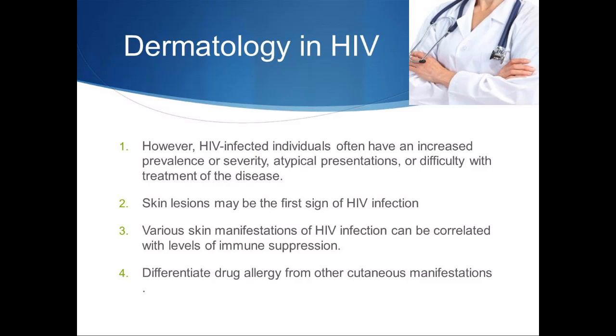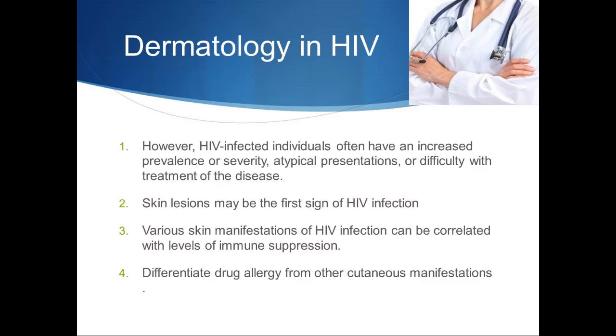Why is it important to really be familiar with these different cutaneous manifestations? First, because I'm hoping that we're going to review mainly the clinical manifestations of these different dermatological diseases, to give you some idea how to get to the right diagnosis of these different skin conditions. Because some of these skin conditions may be your first sign of an ongoing HIV infection.